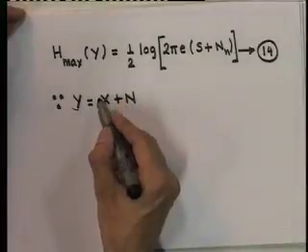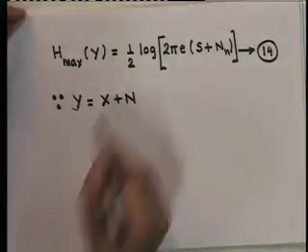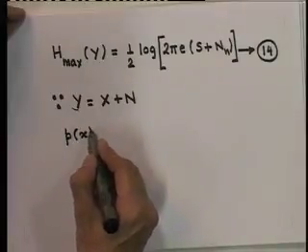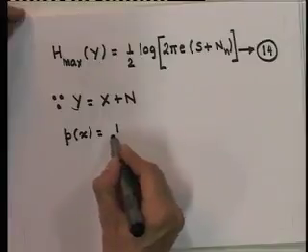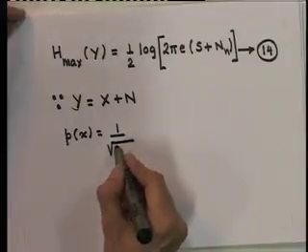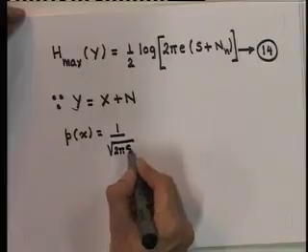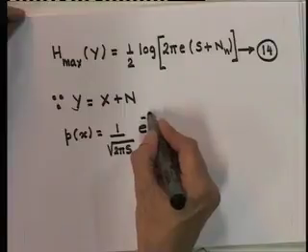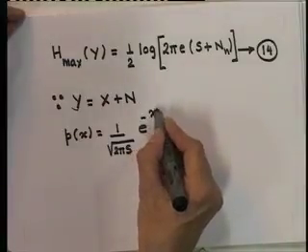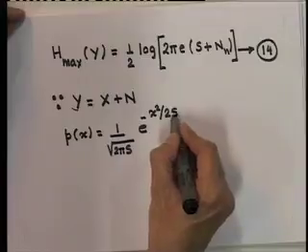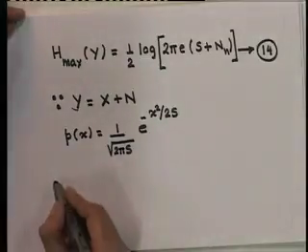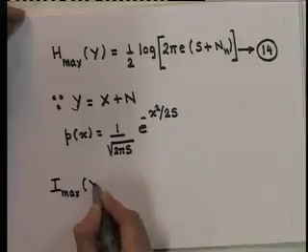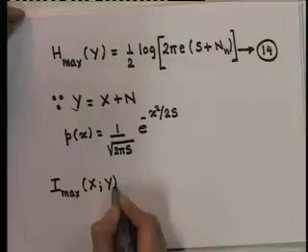Now, as the mean square value of x is S, this implies that the PDF of x is equal to 1 by root of 2 pi S multiplied by exponential e raised to minus x squared by 2S. And the maximum value of the mutual information is given as follows.